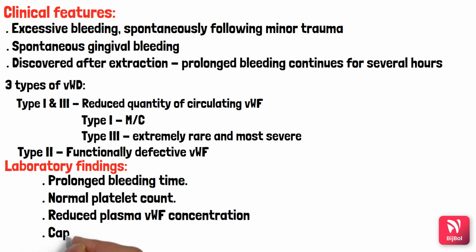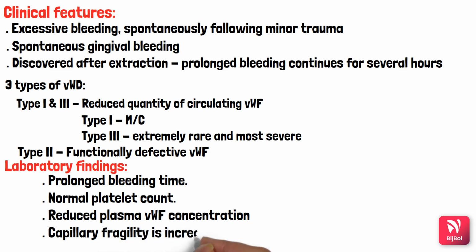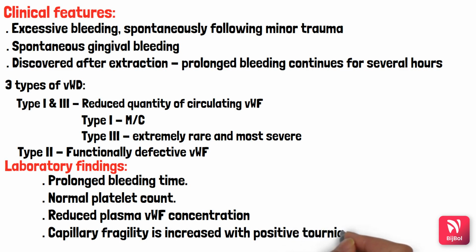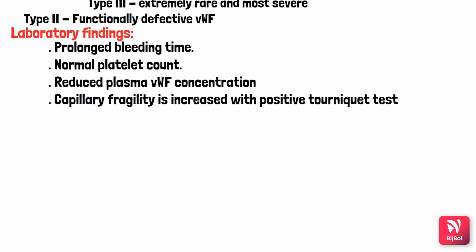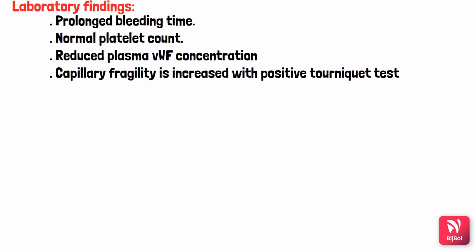And the platelet count is normal, not decreased; only the aggregation of platelets is not happening here, that's all. And definitely if it is type 1 or type 3, there will be reduced plasma von Willebrand factor concentration, and there will be an increased capillary fragility test as well as a positive tourniquet test. So these are the various laboratory findings of von Willebrand disease.